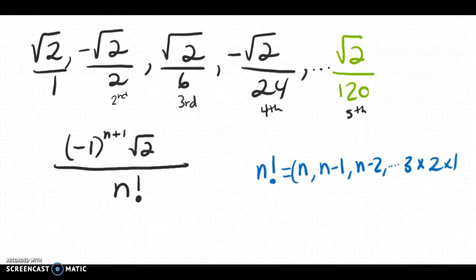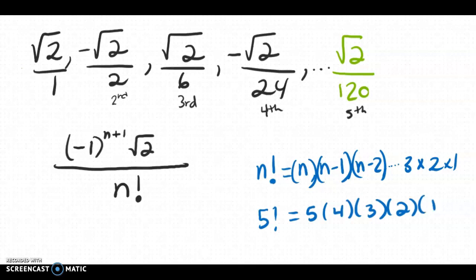It's multiplying all the way down, taking 1 away each time. So if you had 5 factorial, it would be 5 times 4 times 3 times 2 times 1. That's equivalent to 5 factorial. And if you multiplied all those together, 5 factorial is 120. And so this is what the denominator is here.